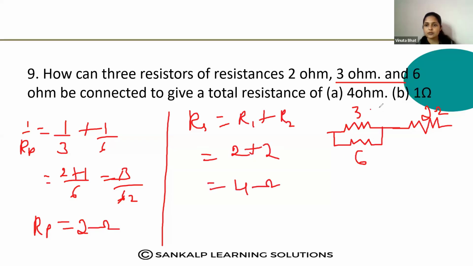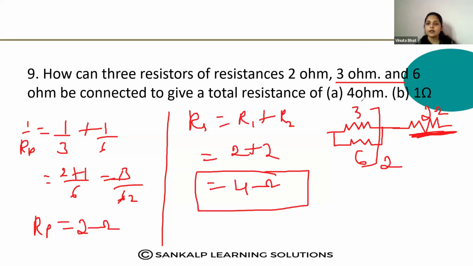So to get 4 ohm in a circuit, the 3 ohm and 6 ohm resistors are connected in parallel and the 2 ohm resistor is connected in series.